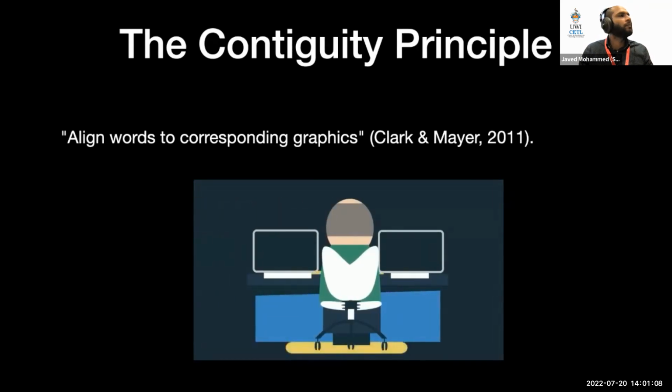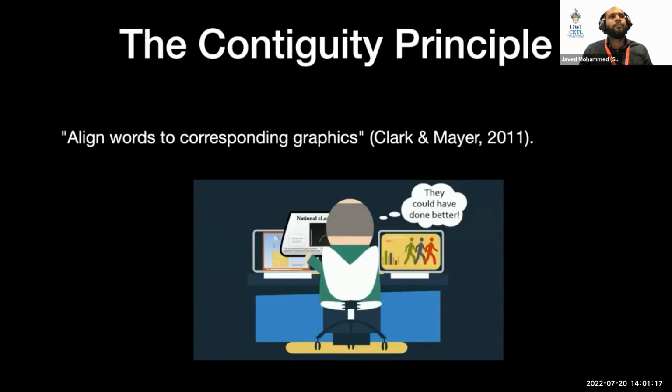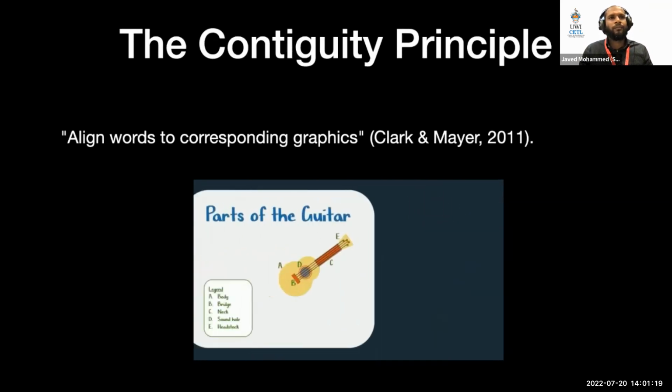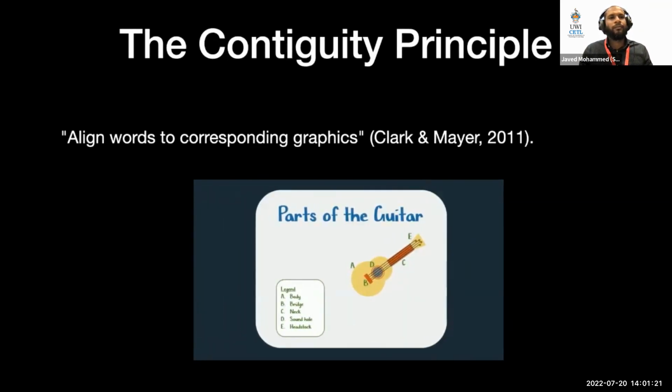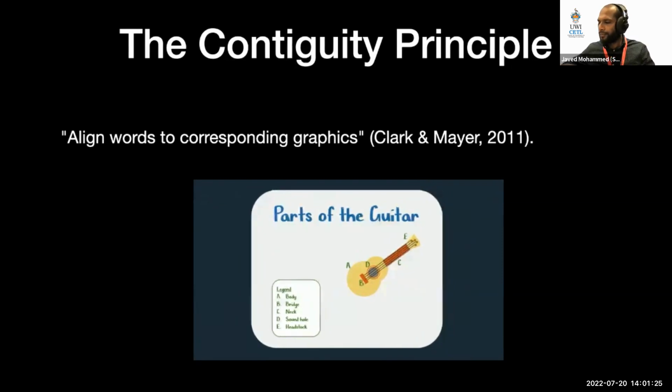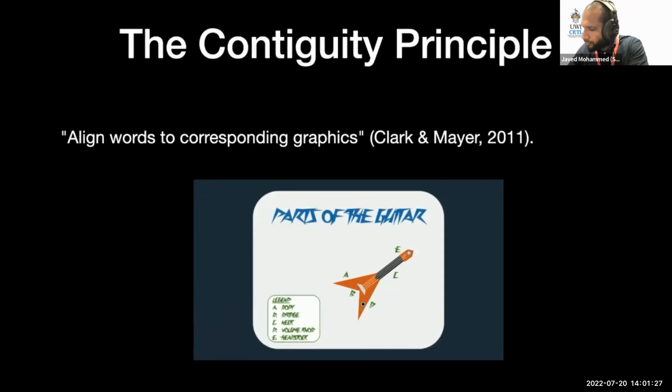When was the last time you saw an e-learning slide, a newspaper graphic, or a PowerPoint slide with weird text and an awkward graphic placement and thought they could have done better? We often see graphics with text placed in a tiny legend off to the side or in a weird font that makes it hard to understand.